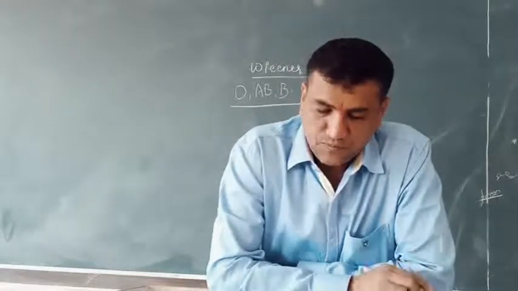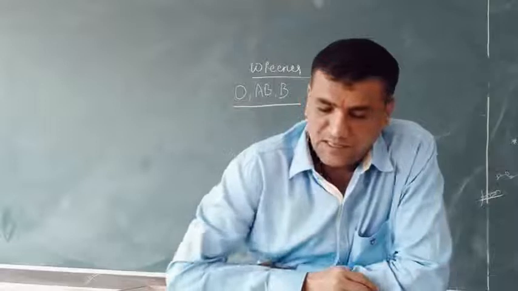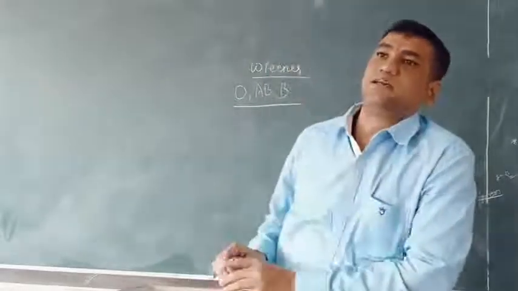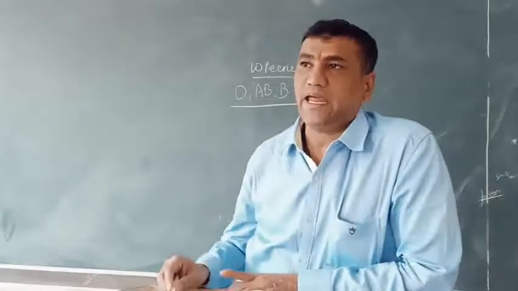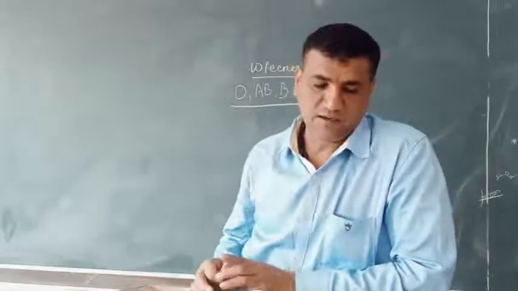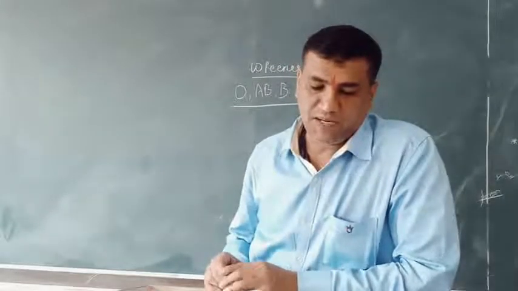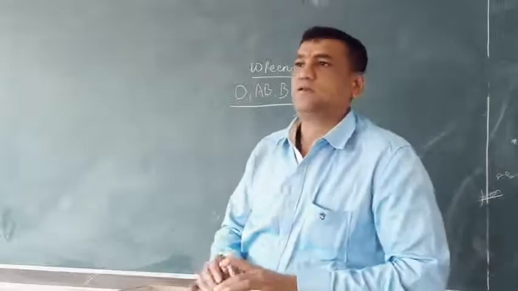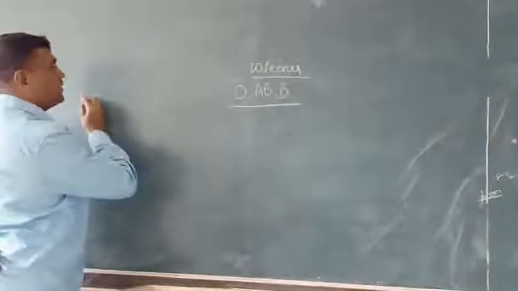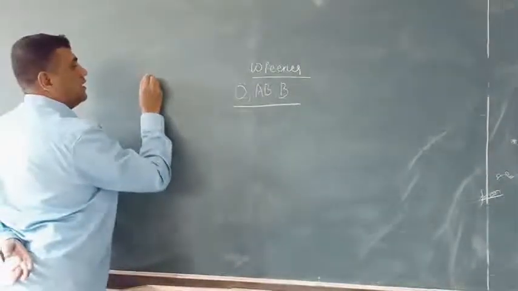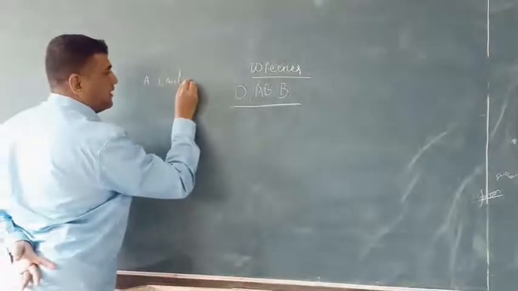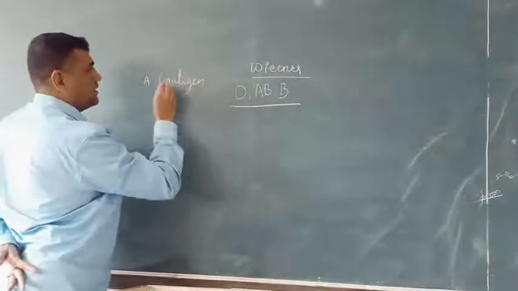Next. Here, a person with blood group A possesses, as we have already discussed in the previous year's 18th chapter, Rh antigen related factor. Whatever the antigen is there, that is the blood group of a person.